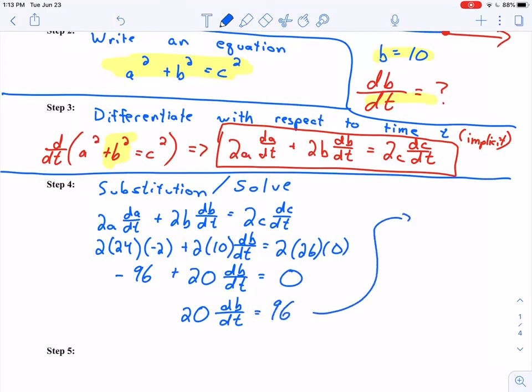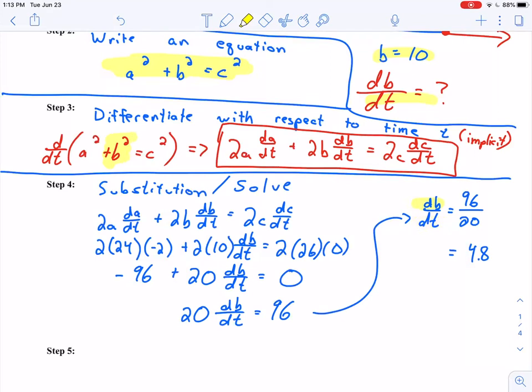We'll finish up over here. So dB over dt equals 96 over 20, which we could simplify, or we could simply say that is 4.8. I'd also like to give a unit, and for that, just look at your derivative.